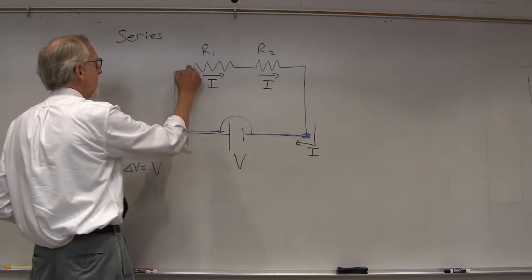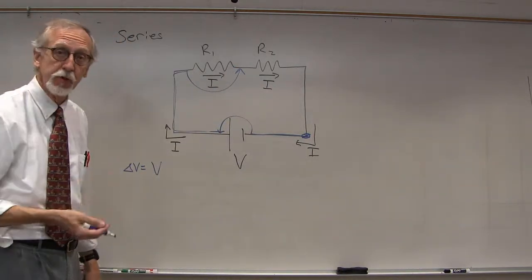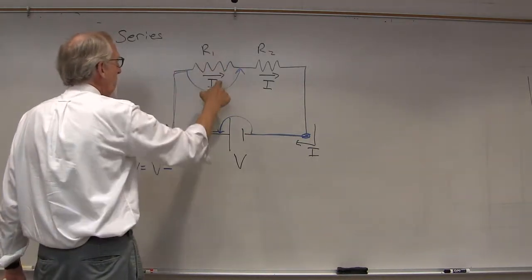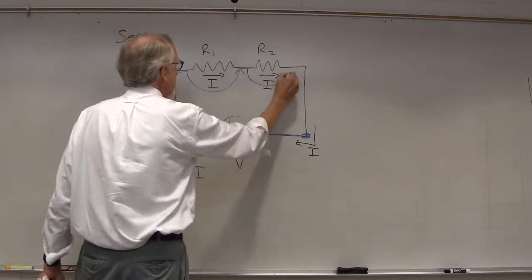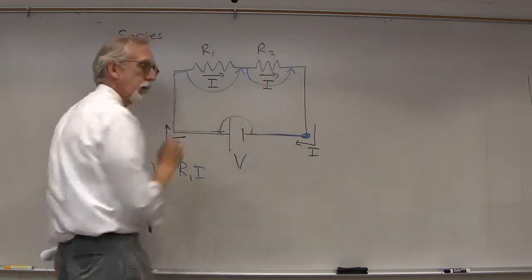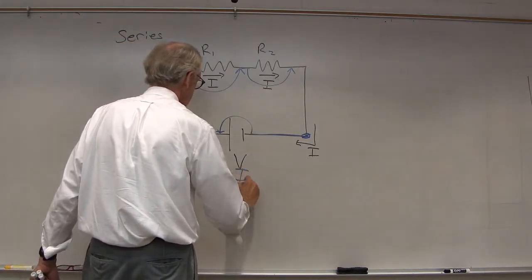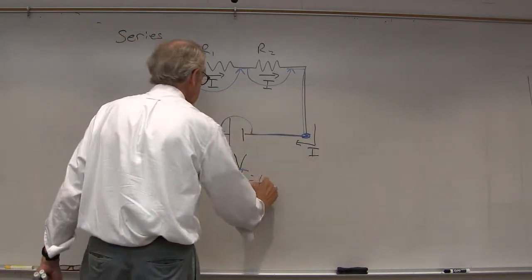Come around here, jump across R1. Again, going with the current, we will have a voltage decrease of Ri, in other words, minus R1I. Come along, jump across R2, minus R2I. And back to where we started, this must equal 0.